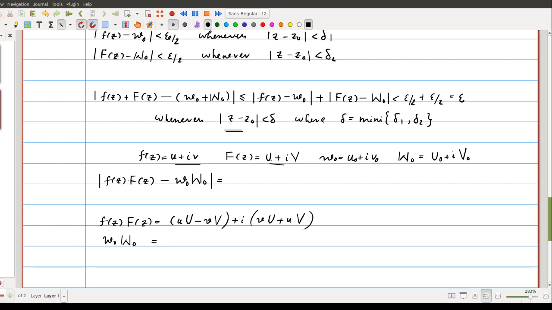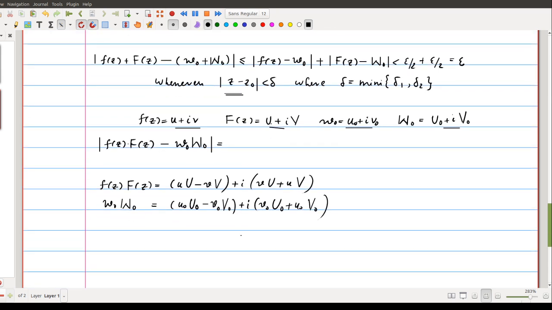This is again from the product of these two quantities, and it will be the same thing: small u naught capital U naught minus small v naught capital V naught, plus i times (small v naught capital U naught plus small u naught capital V naught).